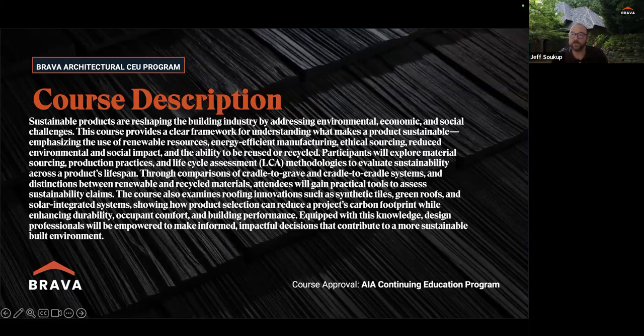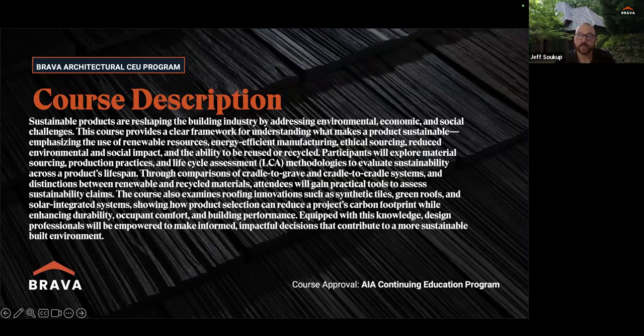What we're trying to do is provide a good understanding, good background, and good information about how we can investigate, validate, and confirm or compare all of the information that we receive, to make sure that we are specifying products that are meeting our goals for sustainable development.